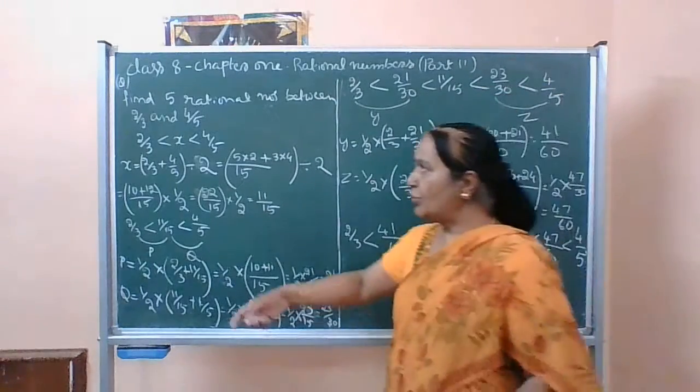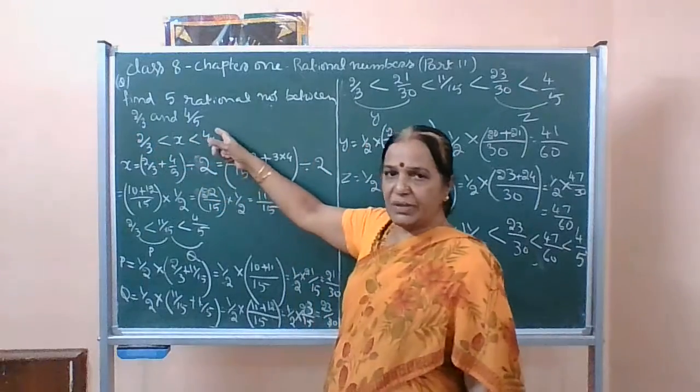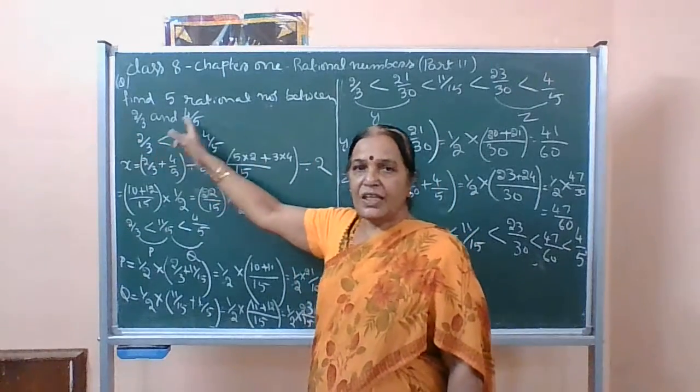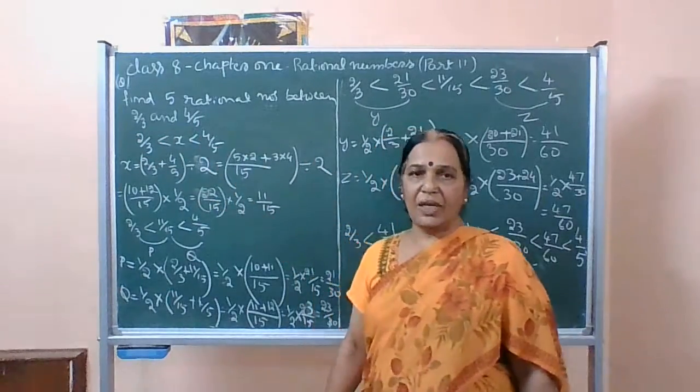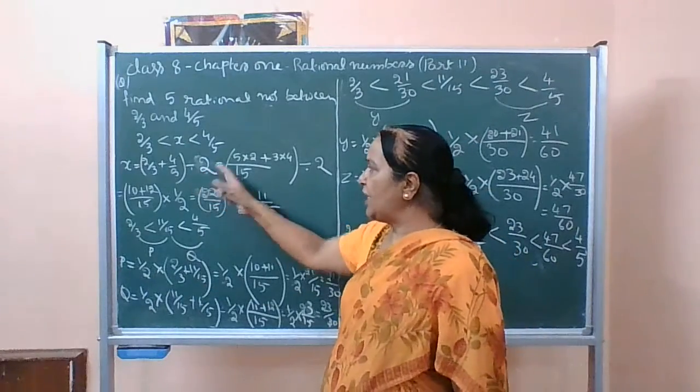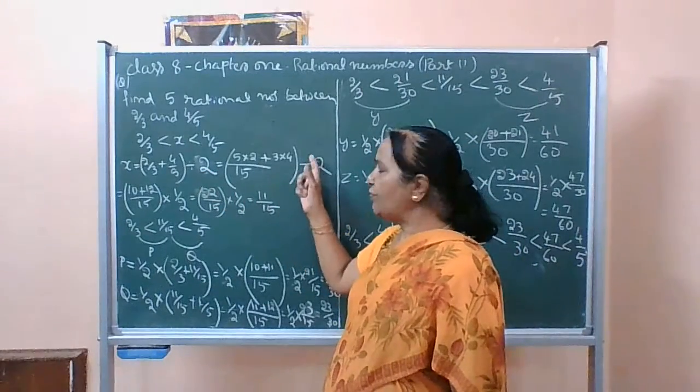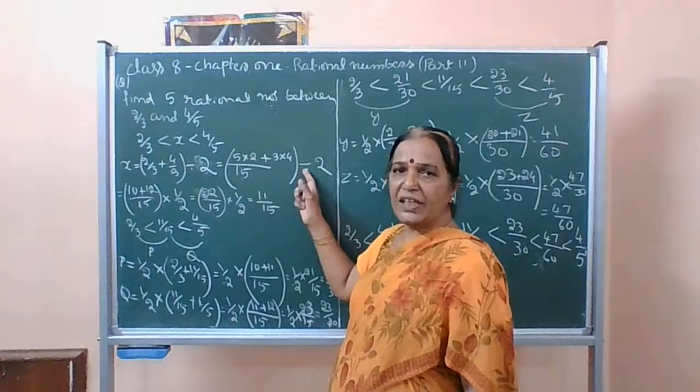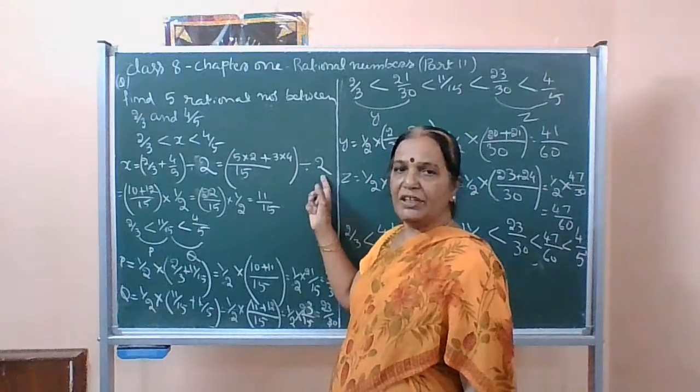For that, what did you do? You added these two numbers and divided by 2.